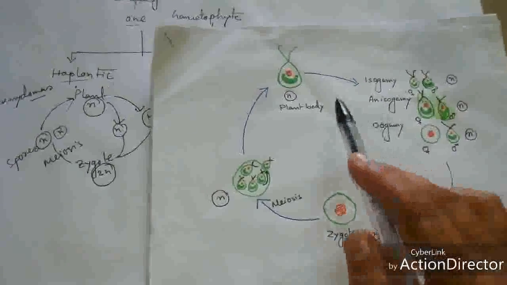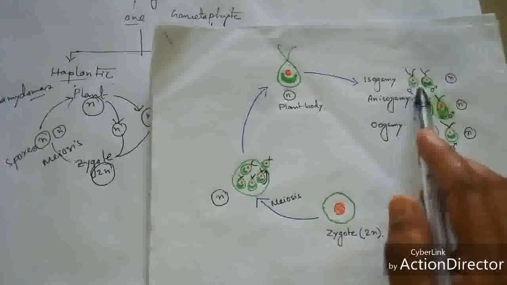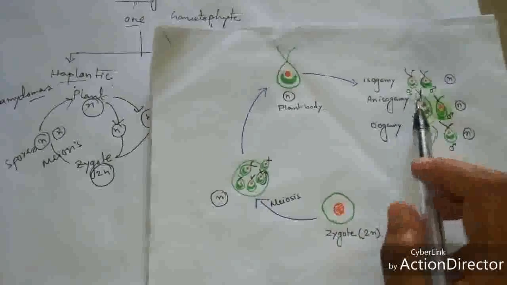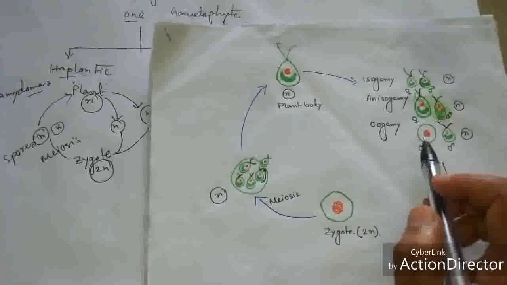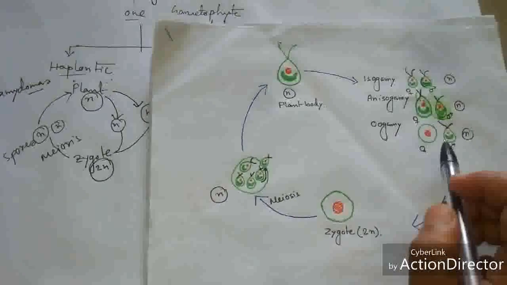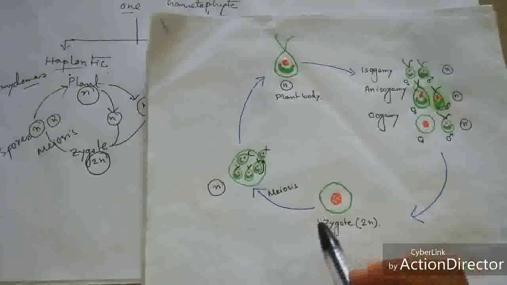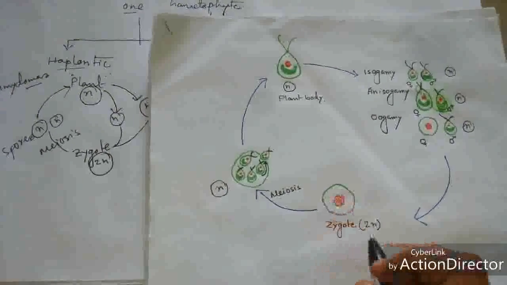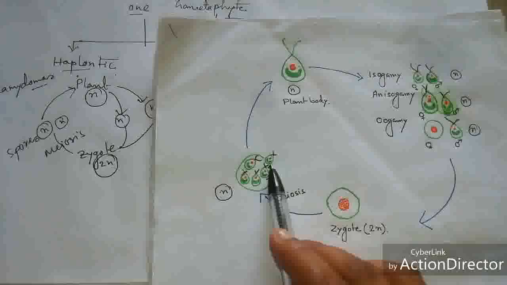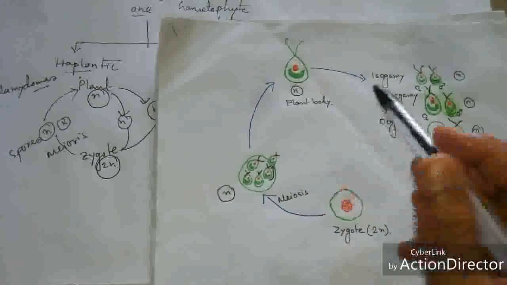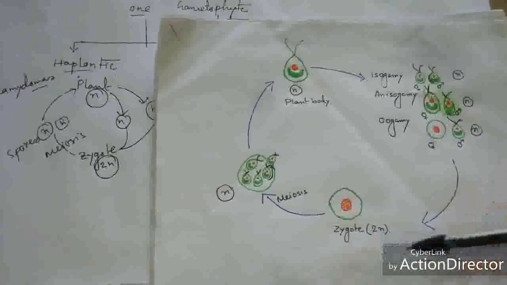There are three types of fusion in Chlamydomonas: isogamous, where the two plant bodies are similar in size and shape; anisogamous, where one is large and another is small, but the shape is the same; and in oogamous, the shape and size are both dissimilar. The zygote, which is diploid, after meiosis produces four haploid plant bodies. All the process is N, haploid, except the zygote which is 2N.